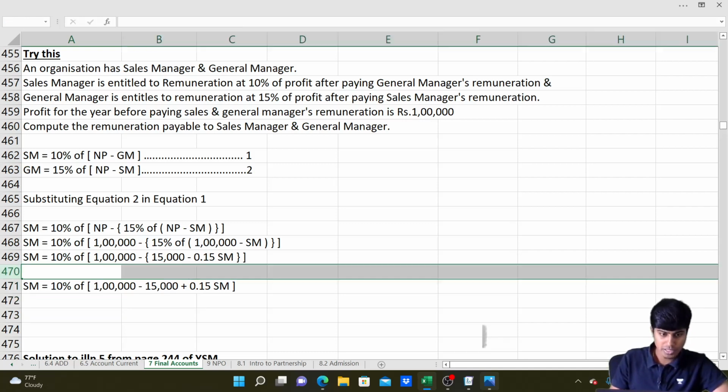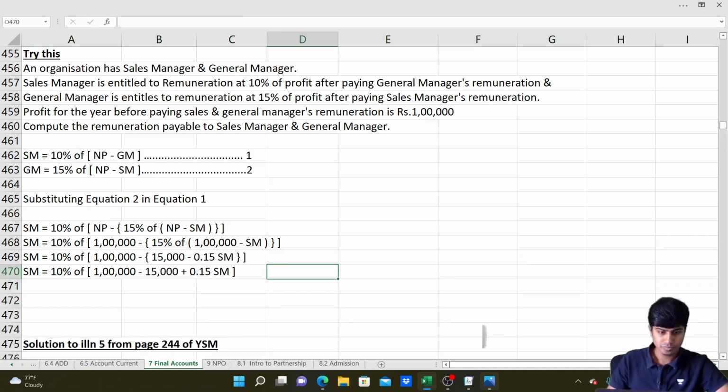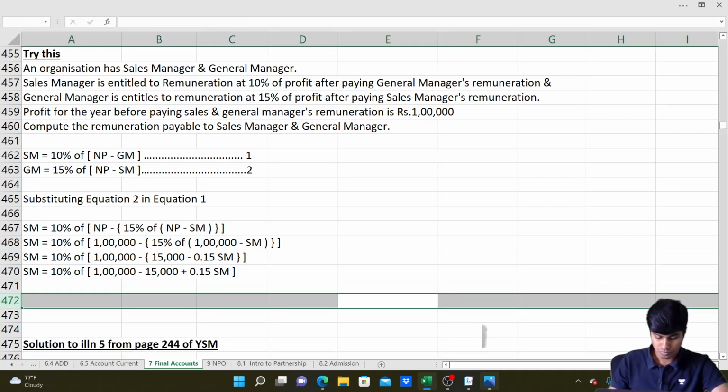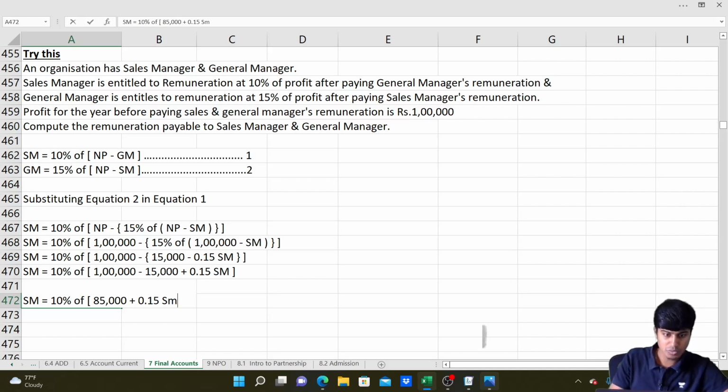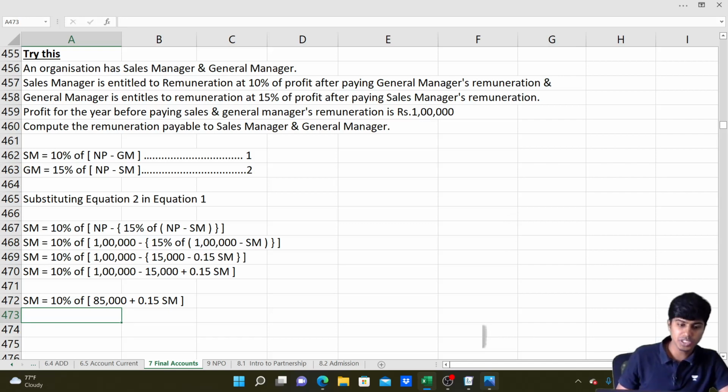So let me write this. Sales manager's remuneration is 10% of 1 lakh minus 15,000 is 85,000 plus 0.15 sales manager. So that's where the question ends.